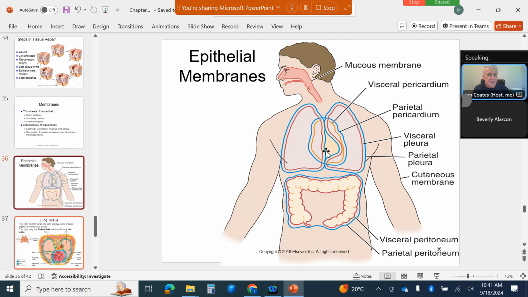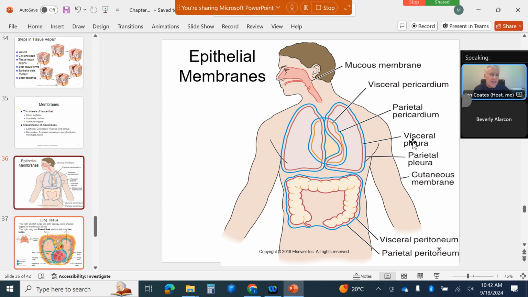Epithelial membranes are related to cavities from week 1. You'll see that every single organ has its own place. And when you're talking the lungs, there's a lining that covers the lungs, but there's also a lining that covers the cavity that the lungs are in. Same with the heart.